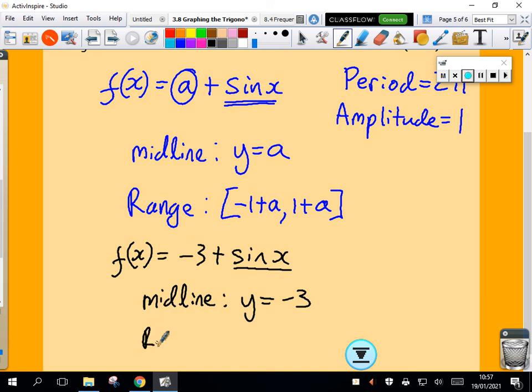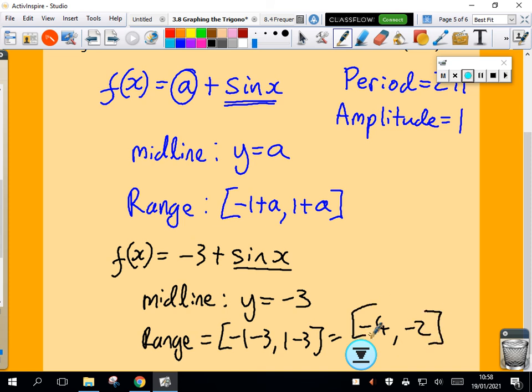And the range is now going to go from -1 added to -3 up to +1 added to -3. So the range for that function will be -1 minus 3, -4, comma 1 minus 3, -2. Notice there's still a distance of 2 units between those two things, which means the amplitude is still 1. So -3 plus sine x: midline y equals -3, range -4 to -2, period 2 pi, amplitude 1.